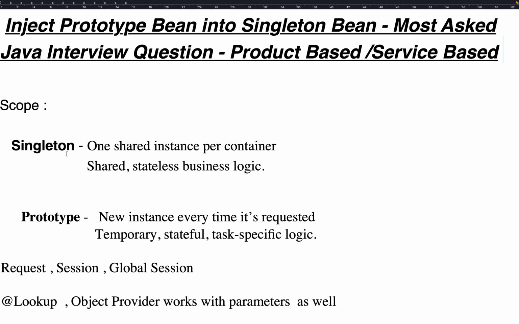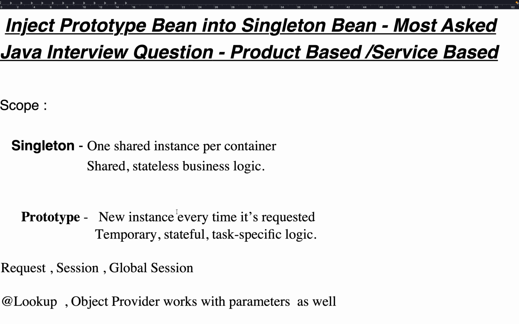Let me brush up: singleton beans are created once only and shared across the whole container. It is the shared instance. For example, a DB connection is created once and different modules use that same connection. Singleton beans are shared, stateless, and hold business logic. But with a prototype bean, every time you request a bean, you get a new instance.